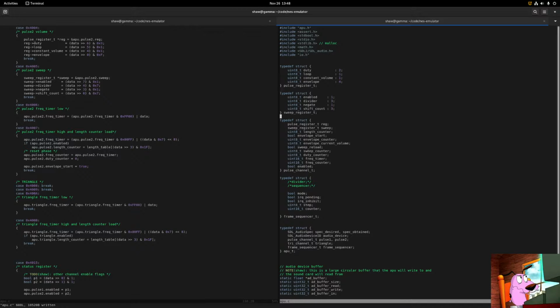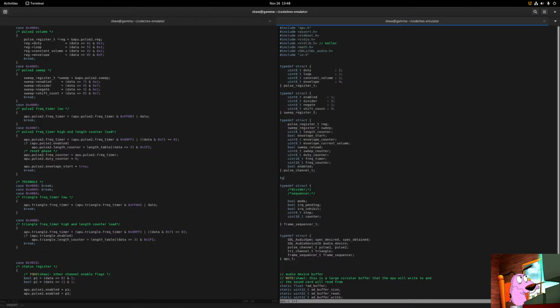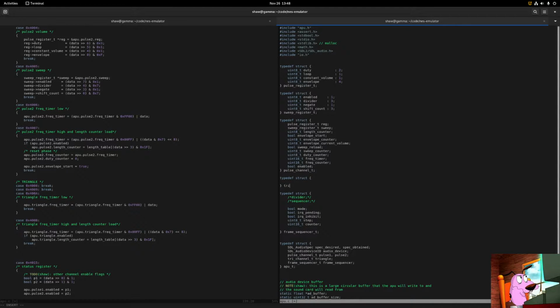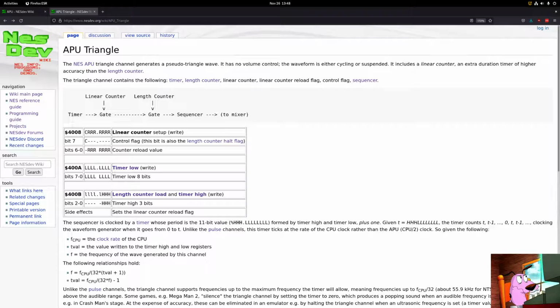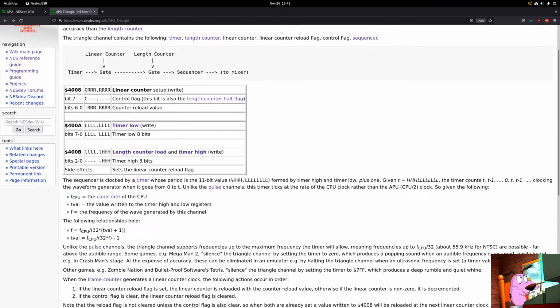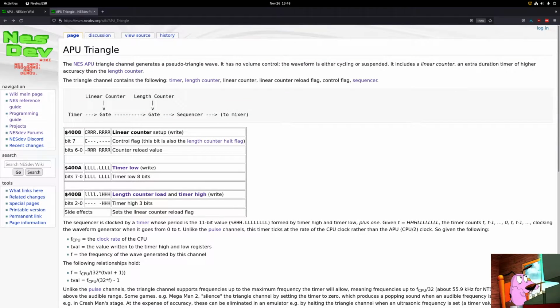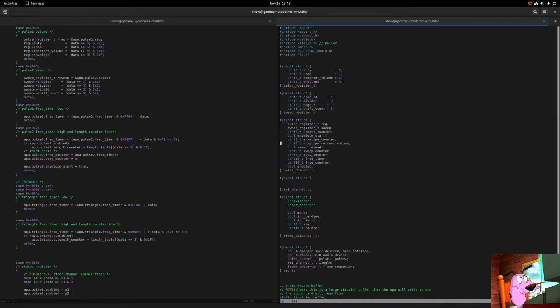But anyway, we need a tri-channel. So, inside of there, what's all the stuff that we got? We got timer, linear counter, all of this. Which, pulse has a lot of that stuff.